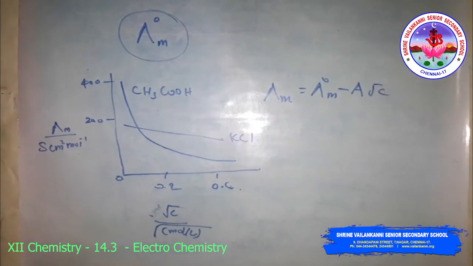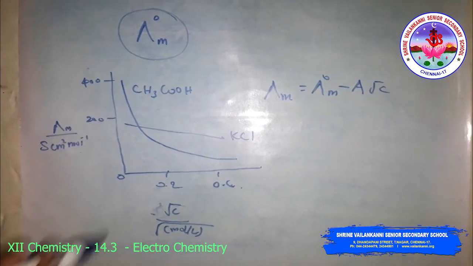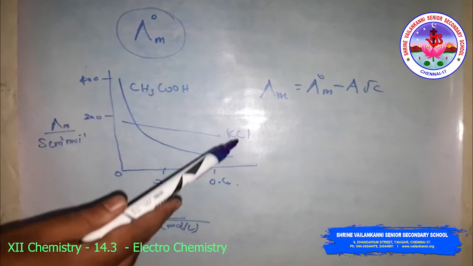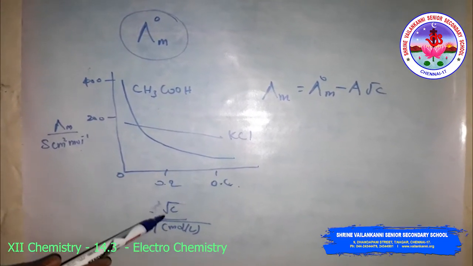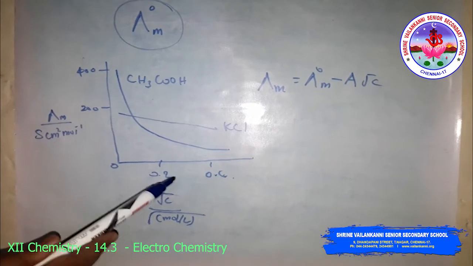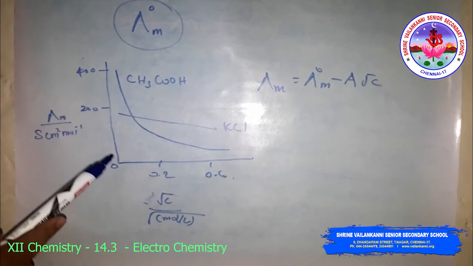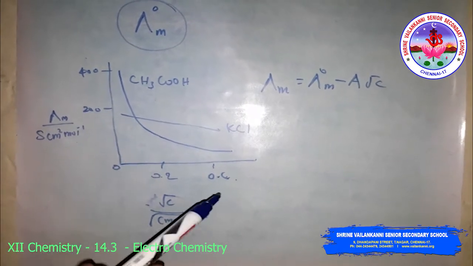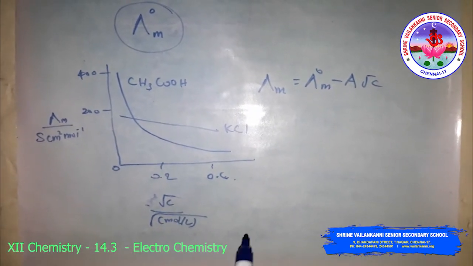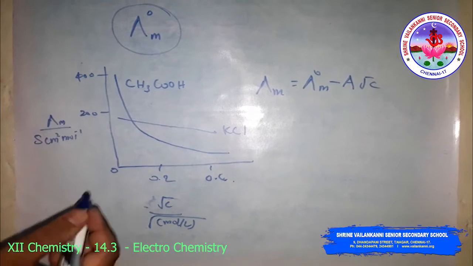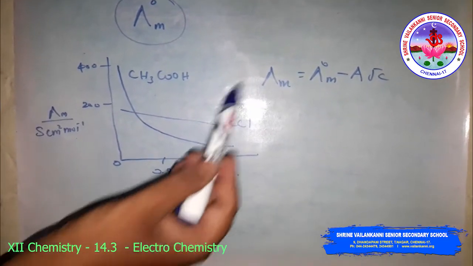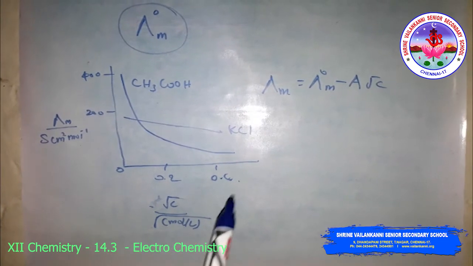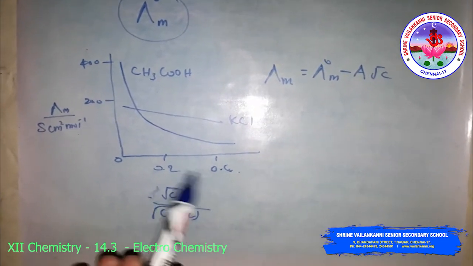In the diagram, molar conductivity against root C gives a straight line, with intercept equal to the limiting molar conductivity and slope equal to minus A.